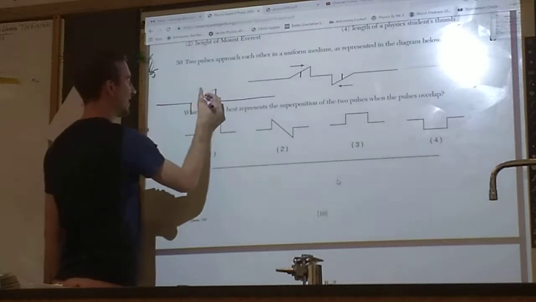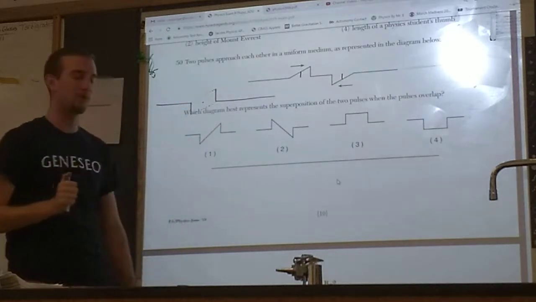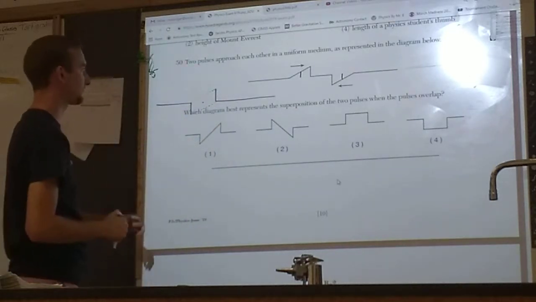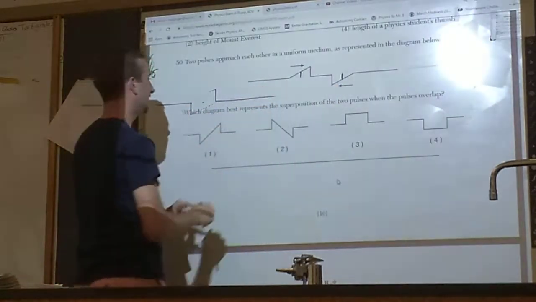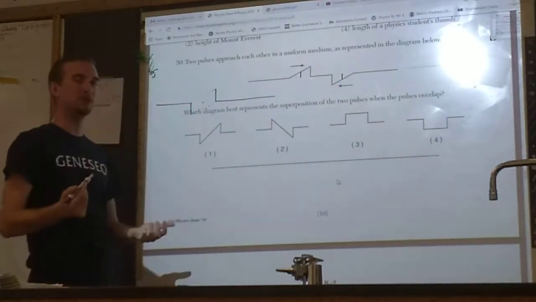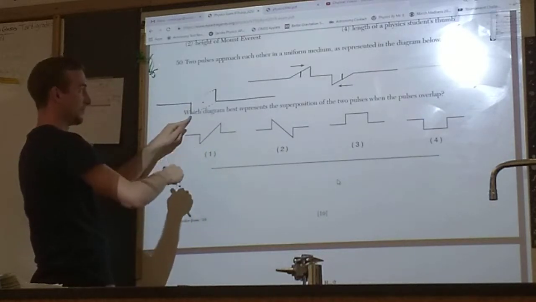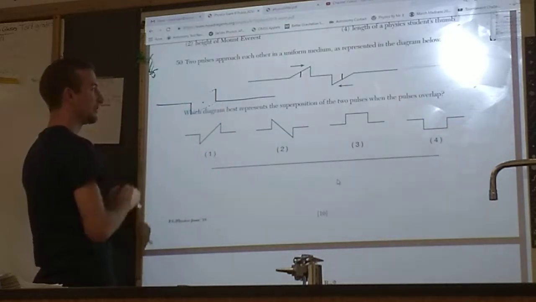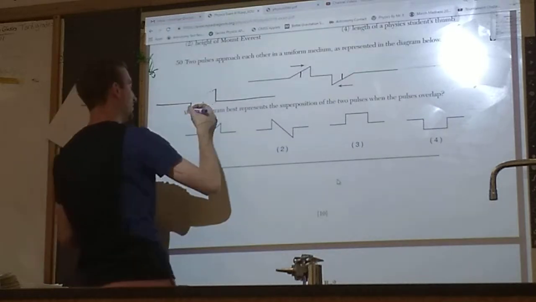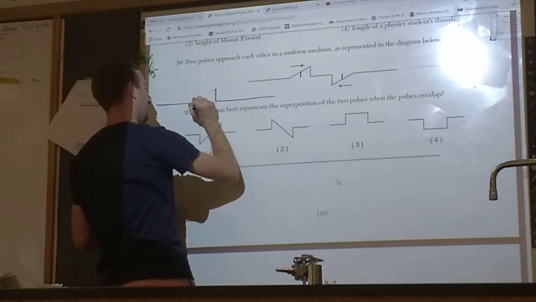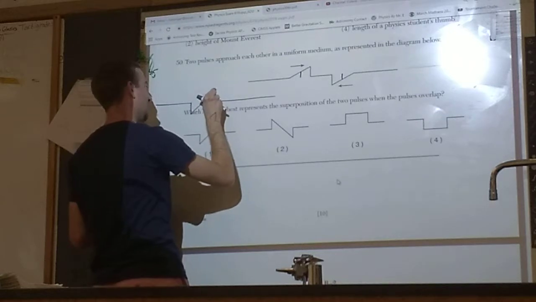And that can kind of tell us what the shape overall should look like. We have straight lines here. It's not too big of a stretch to assume that we should have a straight line from the beginning of the pulse to the end of the pulse. What we're going to end up with is actually a line that looks somewhat like this.